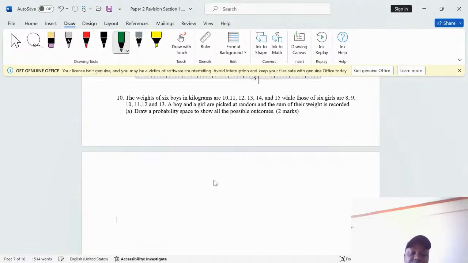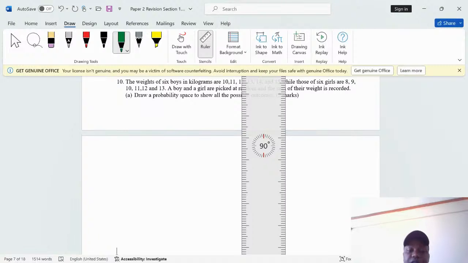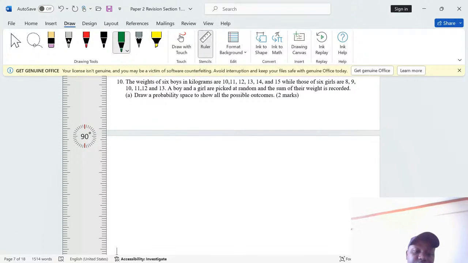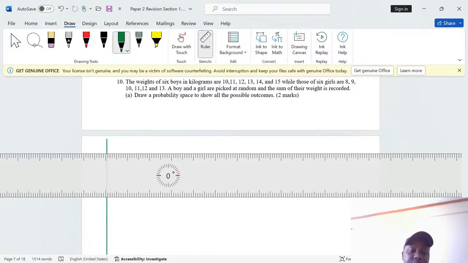Let me create a space here so that we may draw the probability space. So we're going to have masses of boys on one side, then masses of girls on the other side.